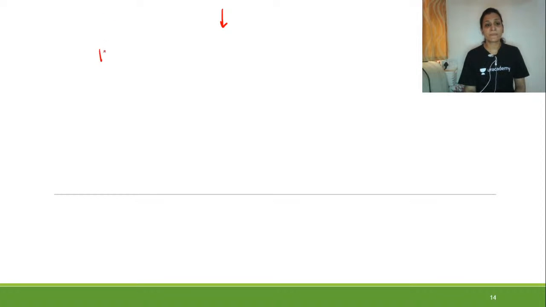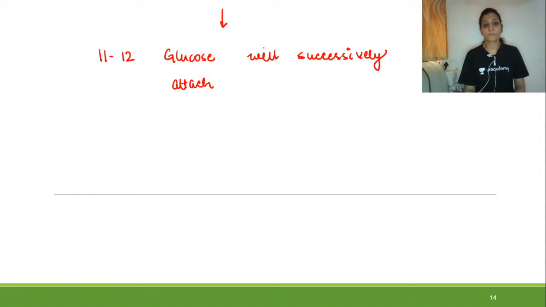So we can say 11 to 12 glucose will successively attach in this step.